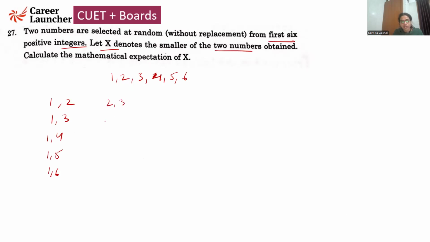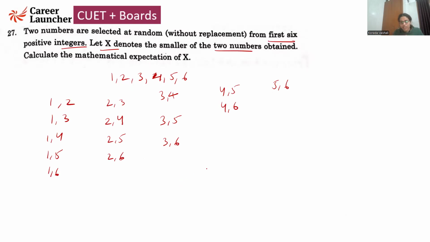The next ones are 2 comma 3, 2 comma 4, 2 comma 5, 2 comma 6, 3 comma 4, 3 comma 5, 3 comma 6, 4 comma 5, 4 comma 6, and 5 comma 6. So this is the list of numbers when taken in pairs.